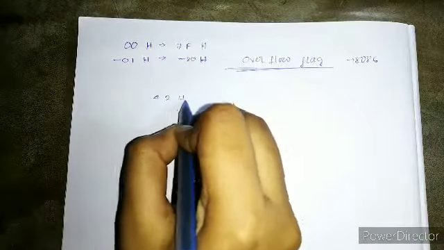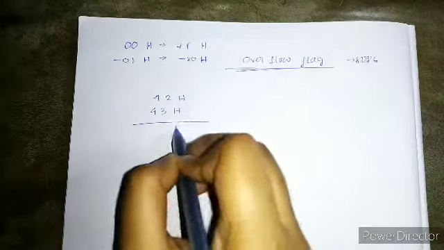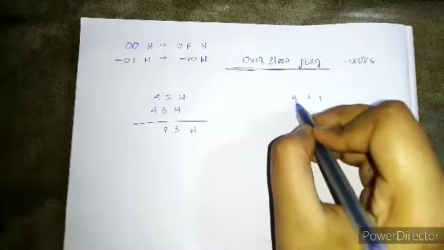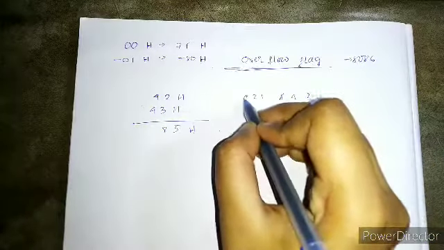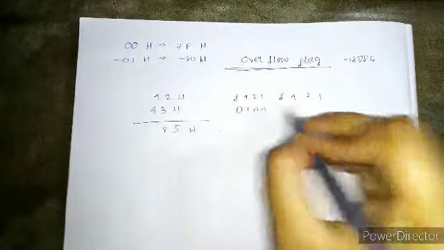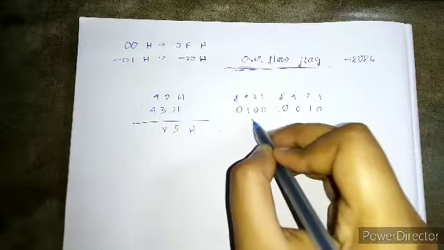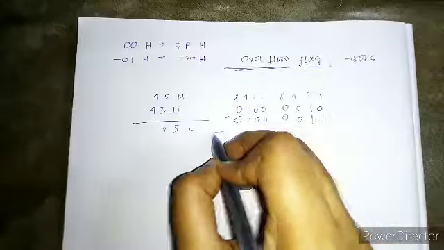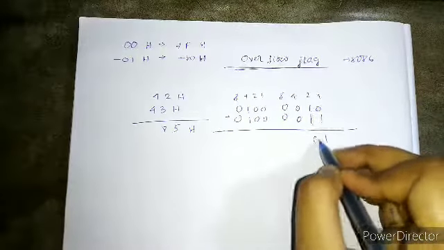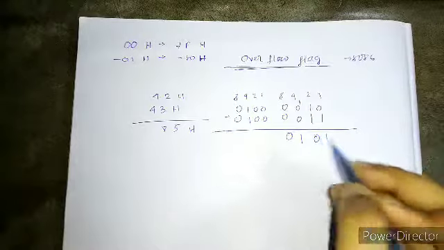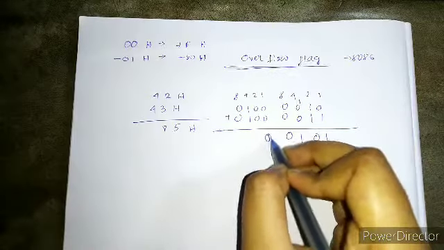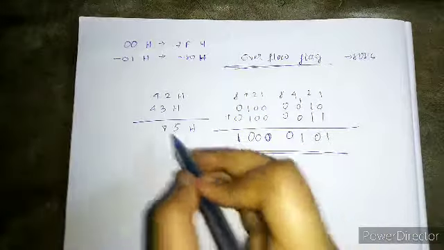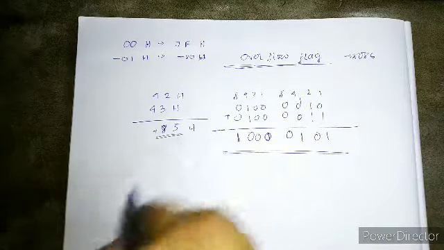If there is 42H and 43H, what is the result? 85H, right? Adding in binary, the result is 85H.